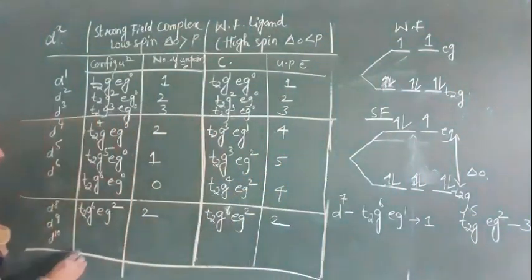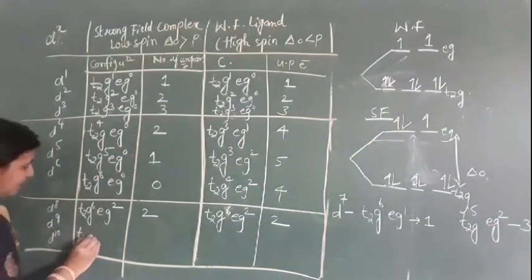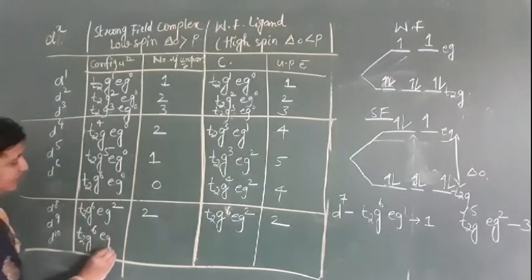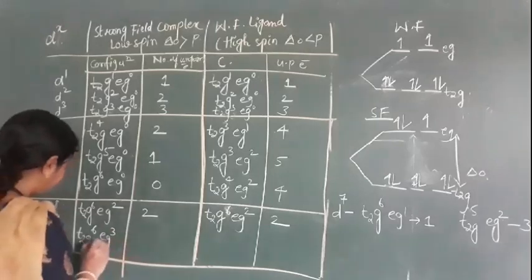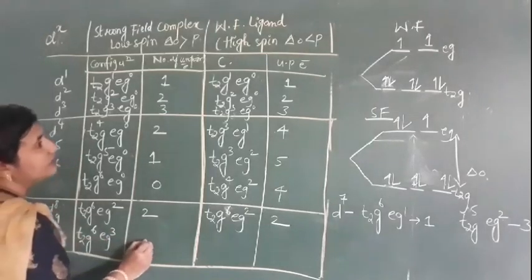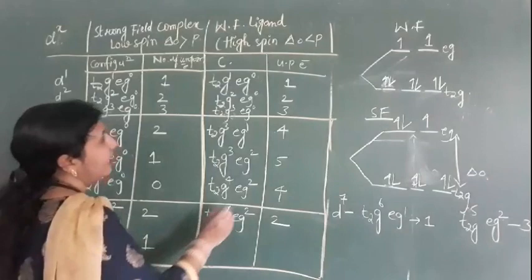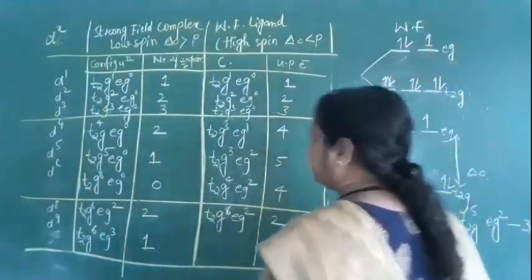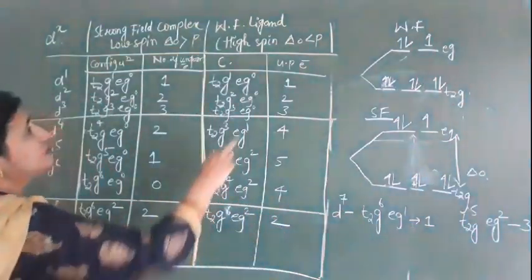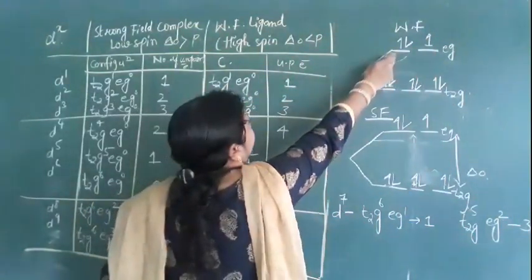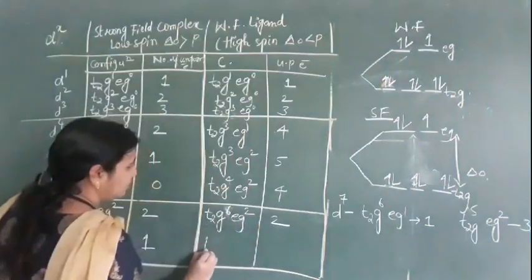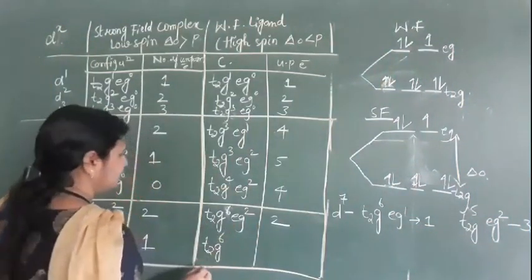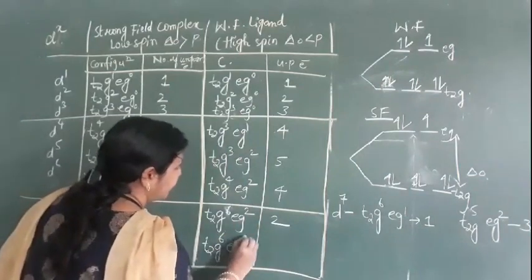And for d9, the ninth electron enters the eg set in a strong field ligand. So it is t2g6 and eg3, and the number of unpaired electrons is 1. For a weak field ligand, the ninth electron also enters the eg set, so we get t2g6 and eg3.